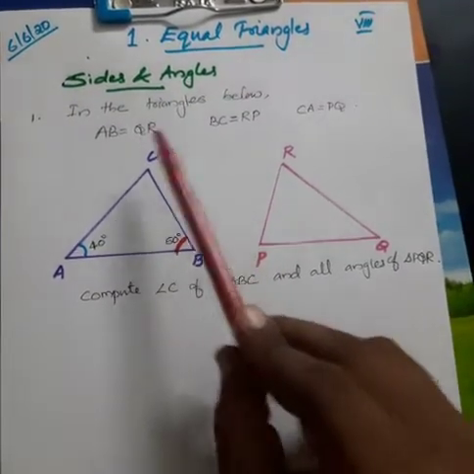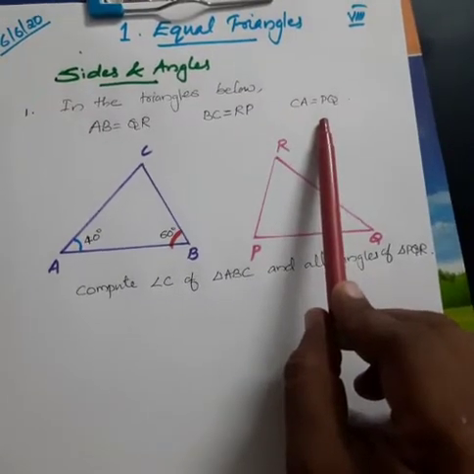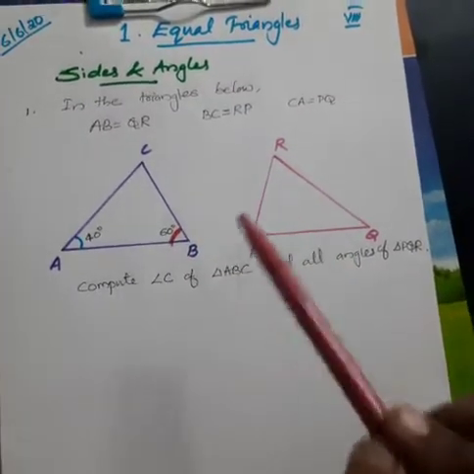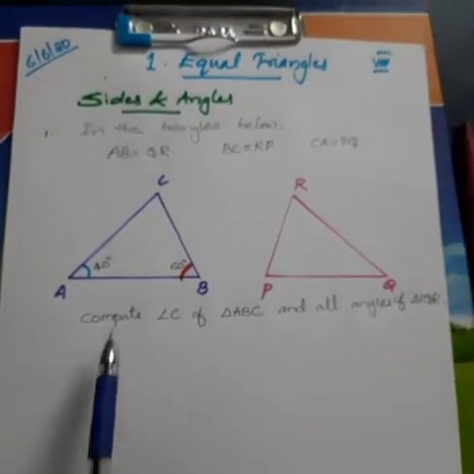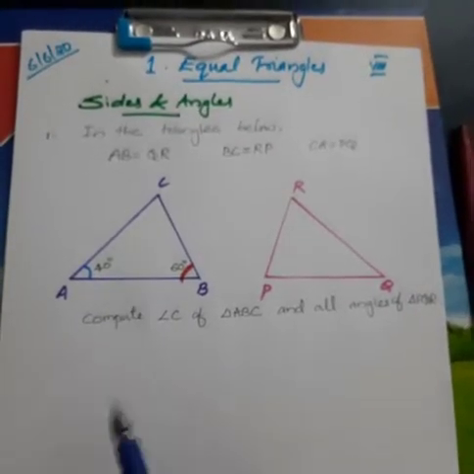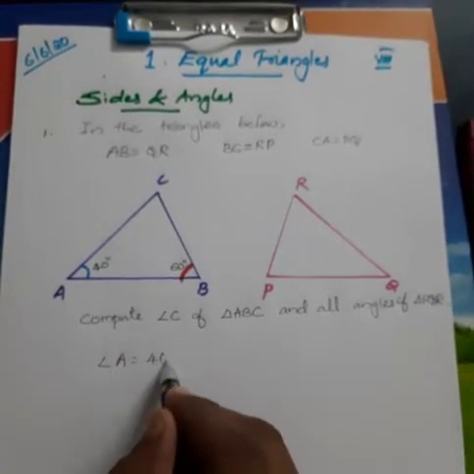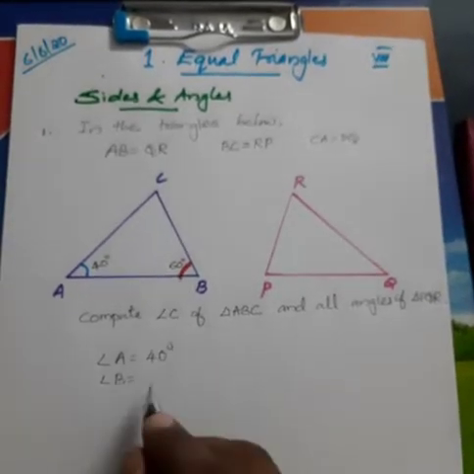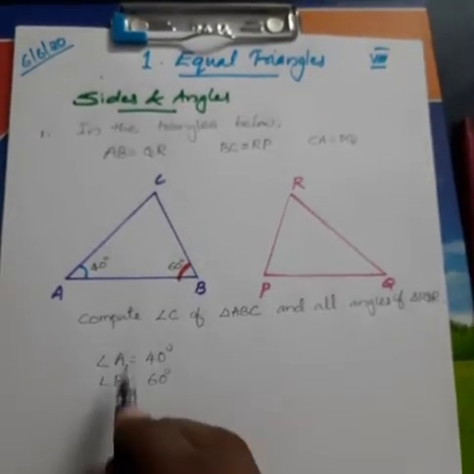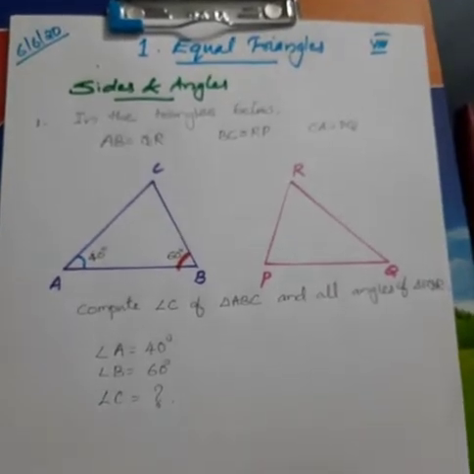Using these given sides, we have to find the angles of these two triangles. See the first triangle. Here angle A is equal to 40 degrees, angle B is equal to 60 degrees, and angle C you have to find out.